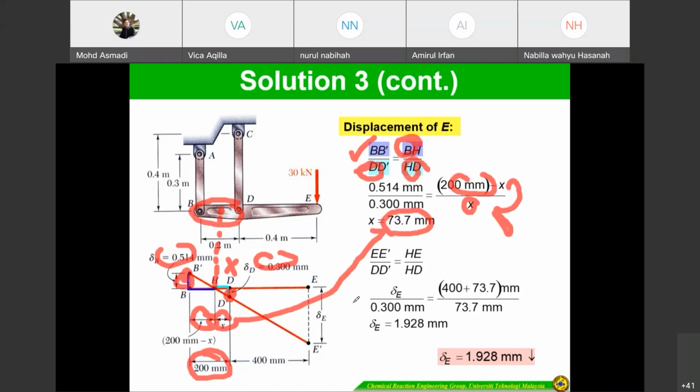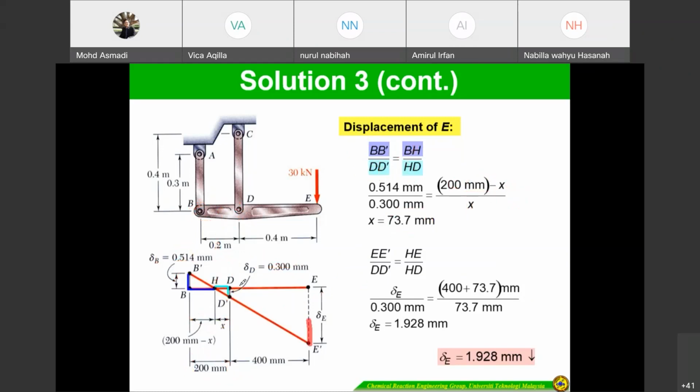The same method, which is trigonometry, you apply also for point E and also point D. If you look at here, EE' until here is DD' and HE, total.